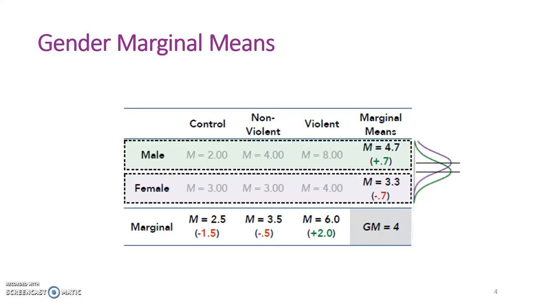That's referring to the grand mean, the mean score for aggression that's completely ignoring both gender and video game. If we were just to take the mean of the single aggression variable, that would be the grand mean, and that would be 4.